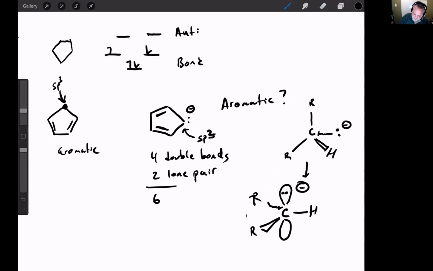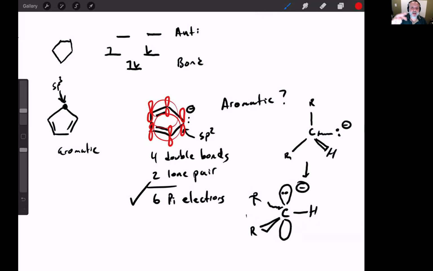Because it has rehybridized to sp2, I now have 6 pi electrons, which is a Huckel number. And because it rehybridized at this location, I now have a continuous overlapping set of unhybridized p orbitals that can participate in this resonance.